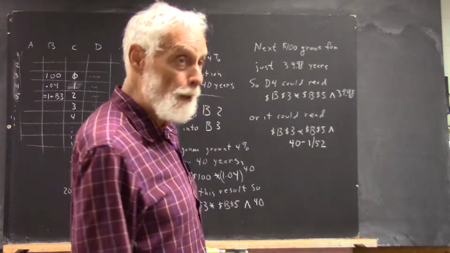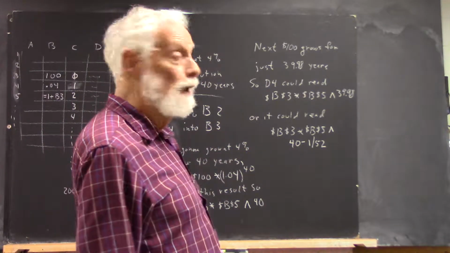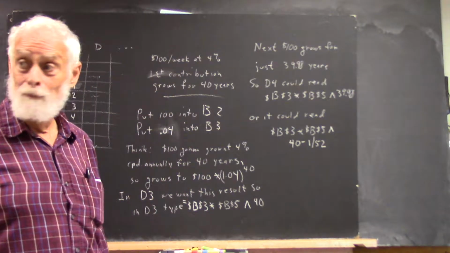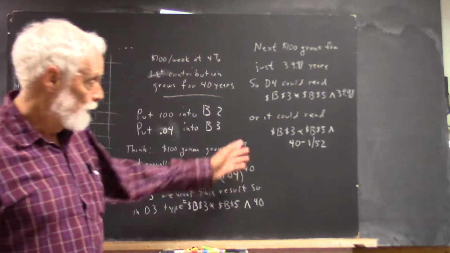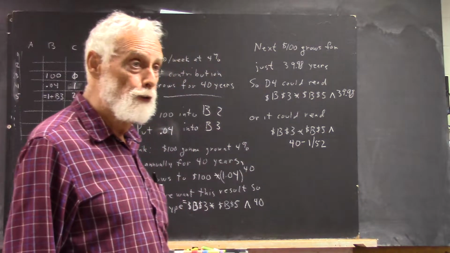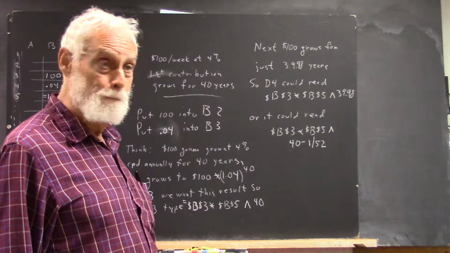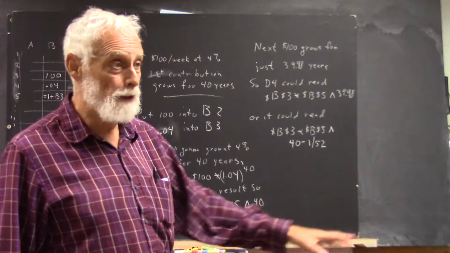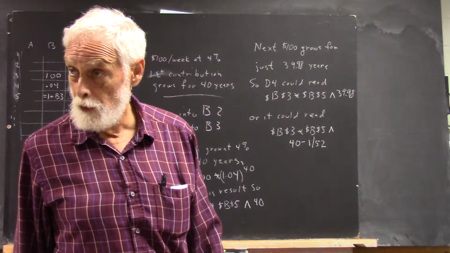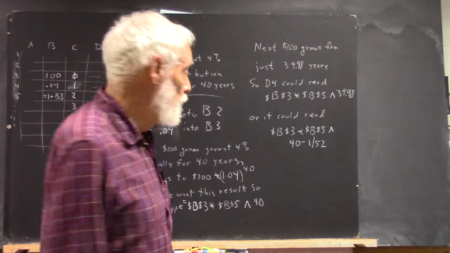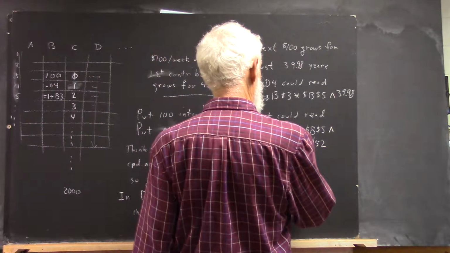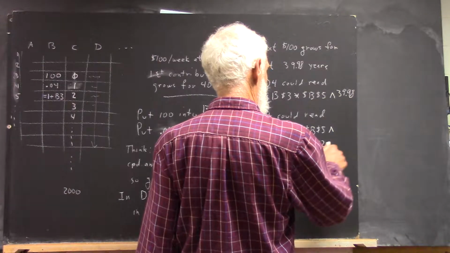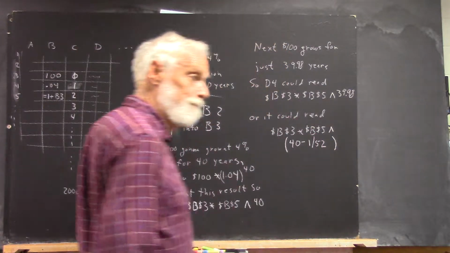Now, if you do that, never ever trust order of operations in Excel. But of course, this is bad with order of operations no matter what, right? Excel does not understand order of operations, so you just assume it doesn't know anything about the order of operations. So you're going to want to put parentheses around the 40 minus 1 over 52.